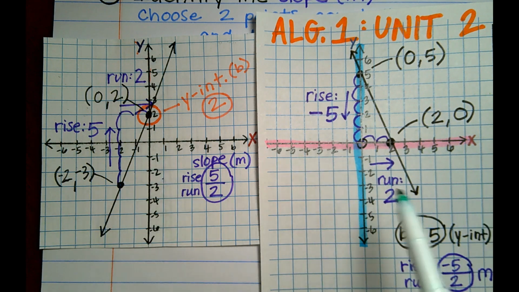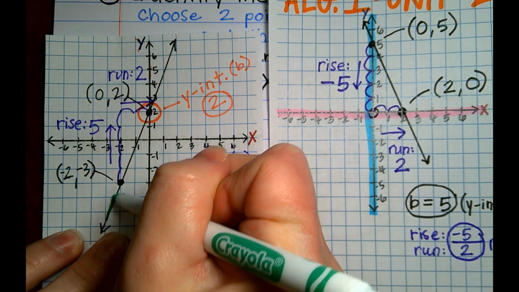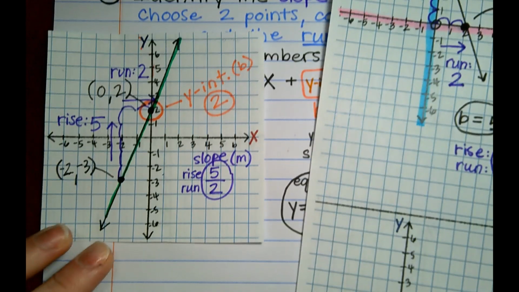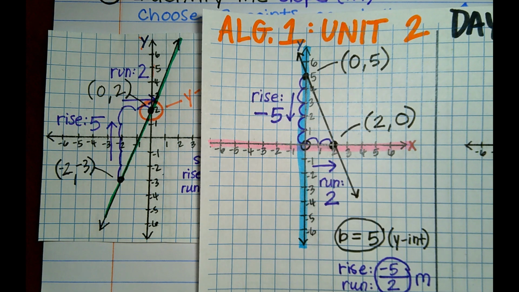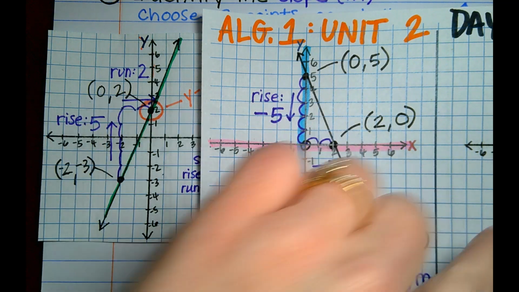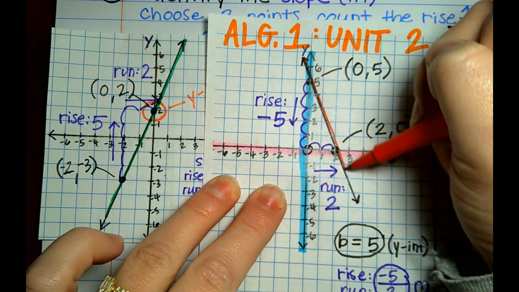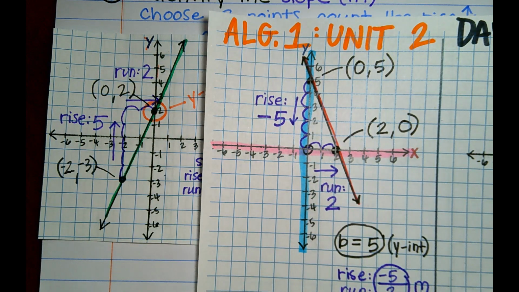These lines don't look the same. Even though they have the same numbers, the difference is the way that they're facing. This line from left to right goes uphill, goes up, so it's positive. This line, if we're going from left to right, goes downhill. When your line goes downhill, it's going to be a negative slope every single time.